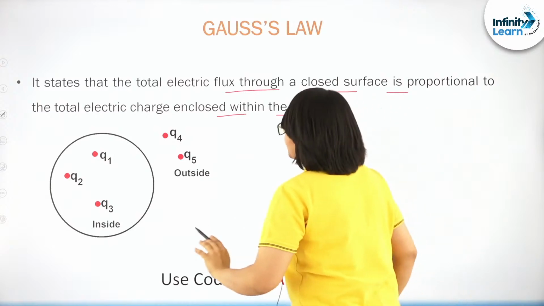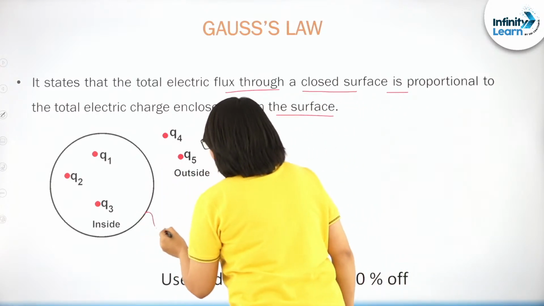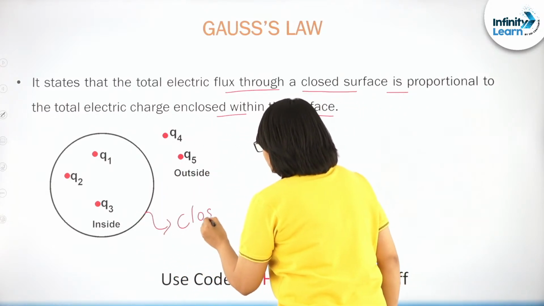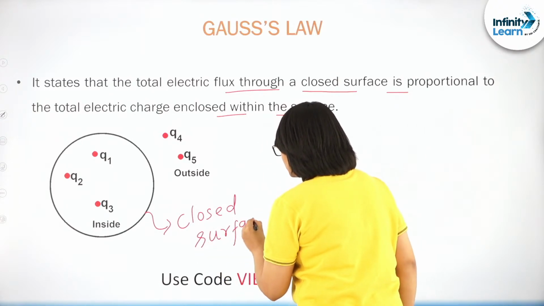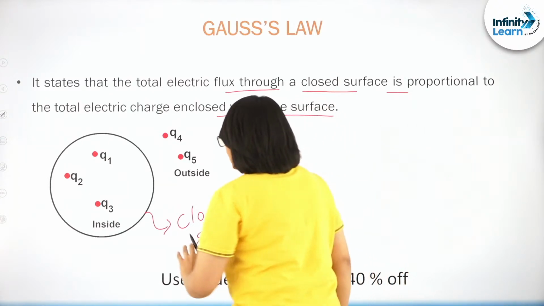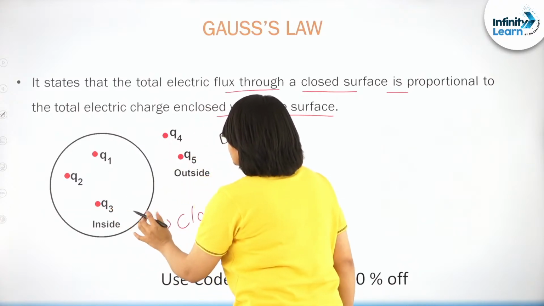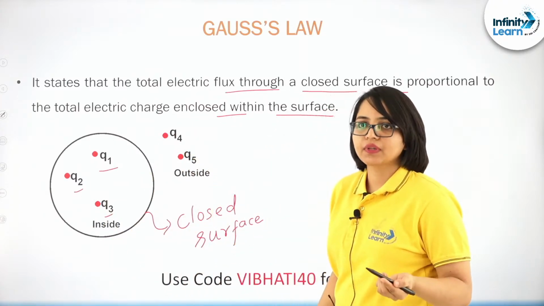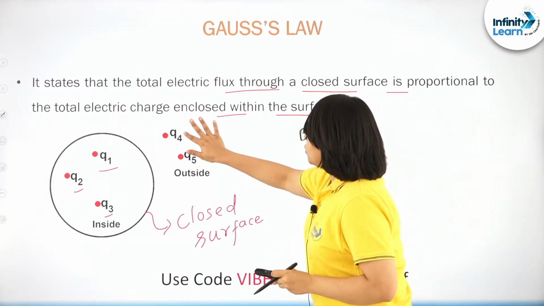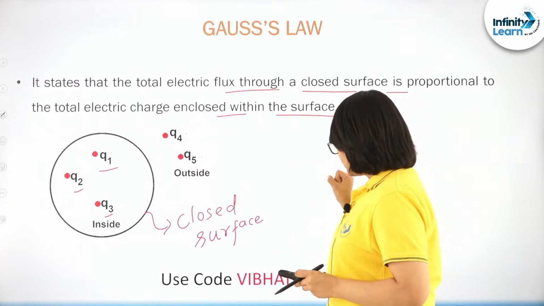Now look at this diagram. Let's say this is our closed surface. We have 5 charges. Q1, Q2 and Q3 are inside charges, and Q4, Q5 are outside the surface.